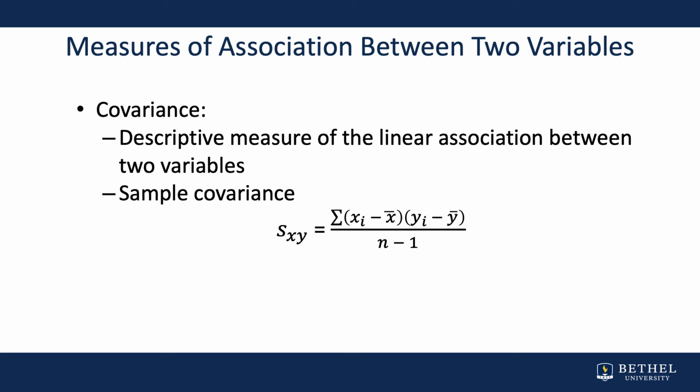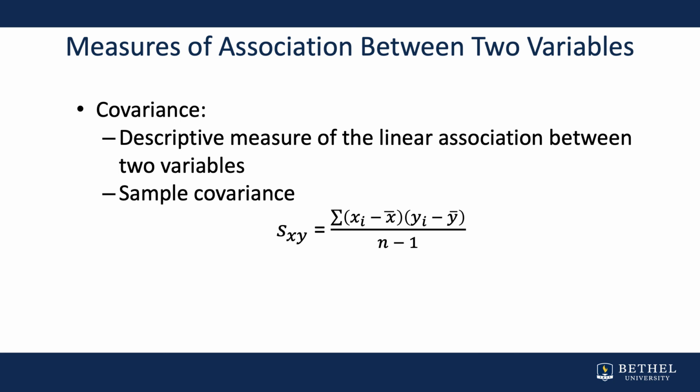You take the x coordinate of the observation, subtract the mean of all the x coordinates, then multiply that times the y coordinate for each observation minus the mean of all the y coordinates.